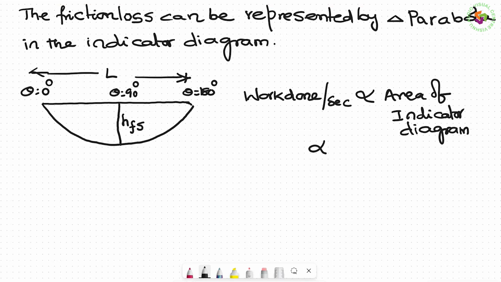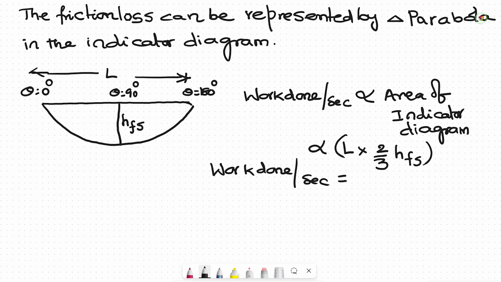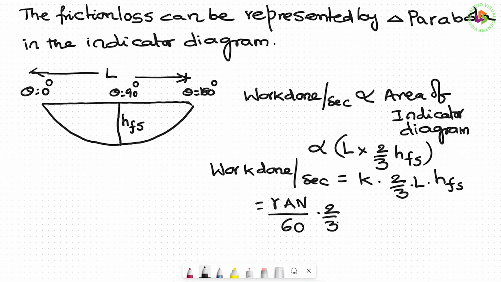That means it is proportional to L into 2/3 of HFS, or work done per second is equal to K into 2 by 3 into L into HFS, and it is equal to gamma A n by 60 into 2 by 3 into L into HFS.